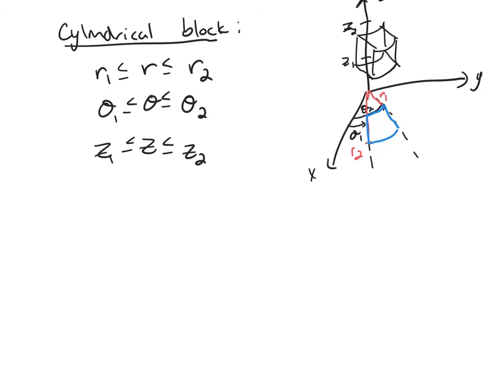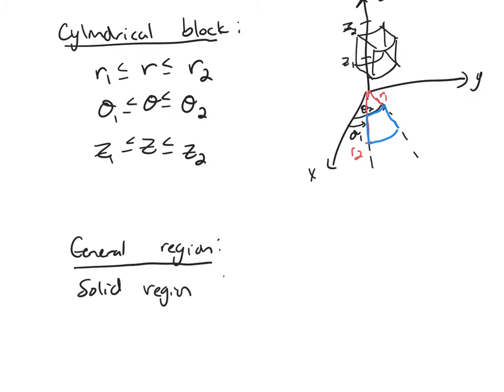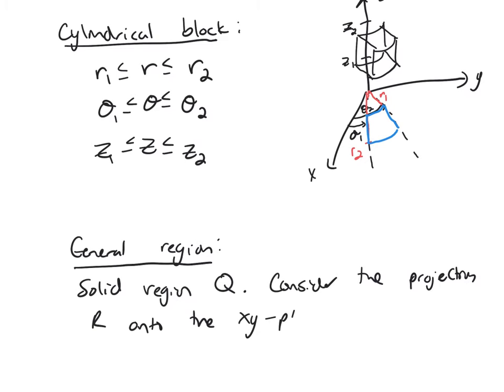You can also talk about general regions in cylindrical coordinates. So let's say I have a solid region Q, and you're going to consider the projection R onto the XY plane described in polar coordinates.